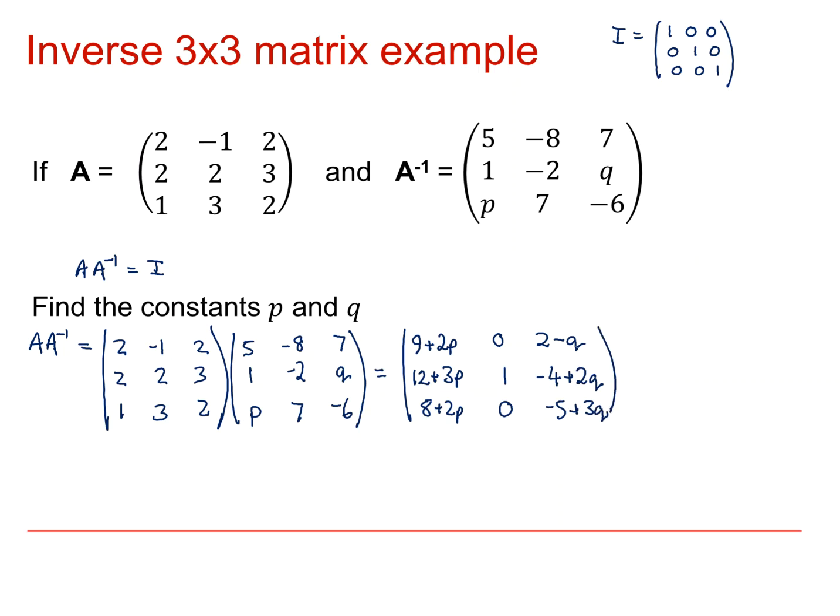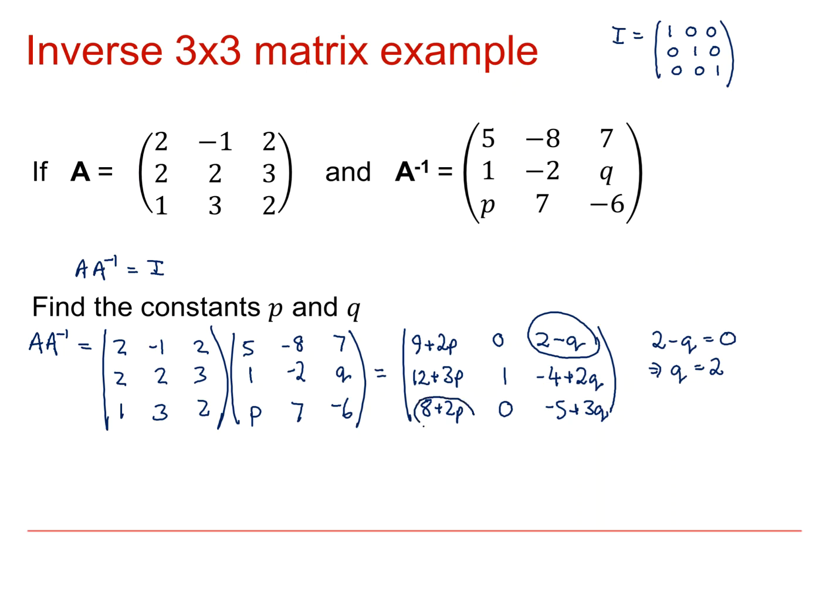Taking the simplest looking cells first, we can see that 2 minus q must be equal to 0, and therefore q is 2. If we look at the next cell down, we can see that that gives us 0, and the bottom one gives us 1 as we needed.